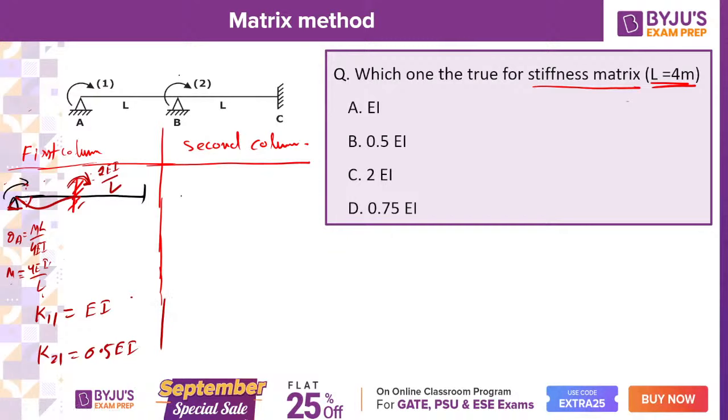it can be generated like this. Stop the rotation on the other coordinate, just restrain it, and produce the unit rotation at the middle joint. Now see carefully what kind of deflected shape you have to give.